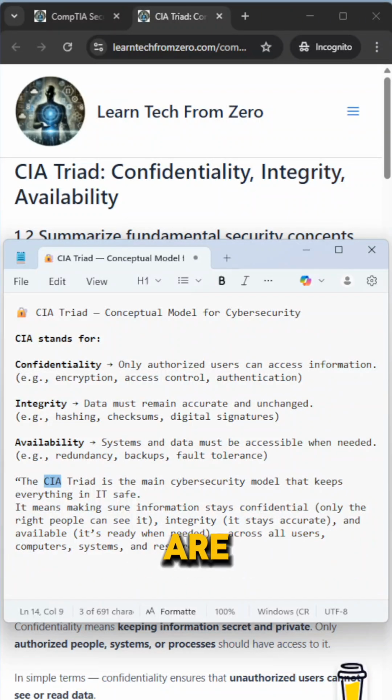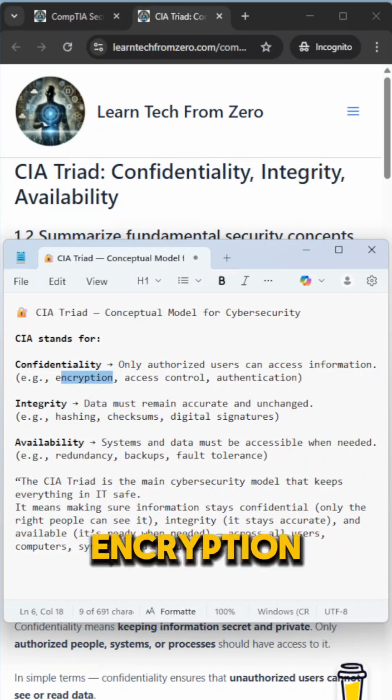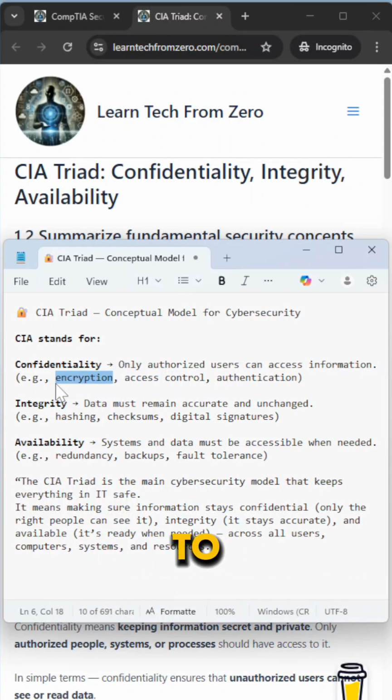So what are the technologies or the methods that go into the C in the CIA triad? Confidentiality is like if you have encryption, only the owner of the device or the information will be able to read the information. If it's lost, the other person will not be able to see the information.